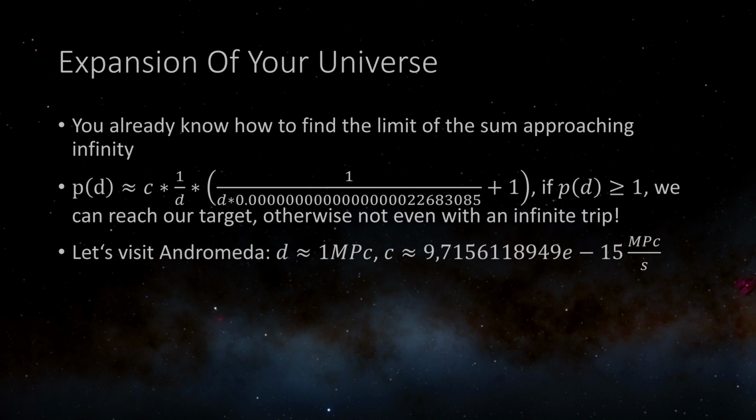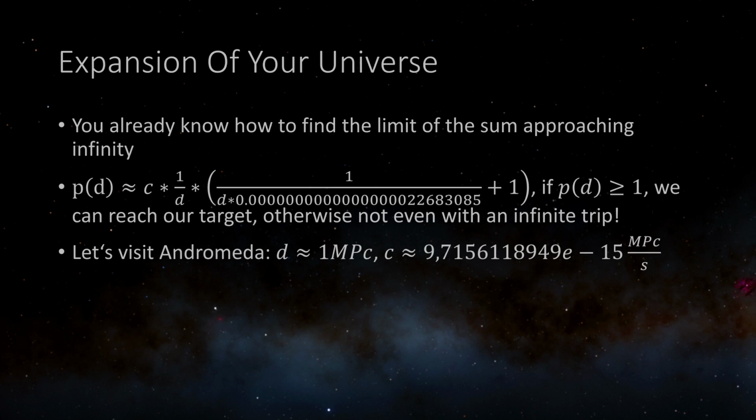So this approximation is really bad, but all the other approximations, like this incredibly large number that I've told you earlier, which is just 70 kilometers per second divided by 1 megaparsec in kilometers, are just absolutely useless.